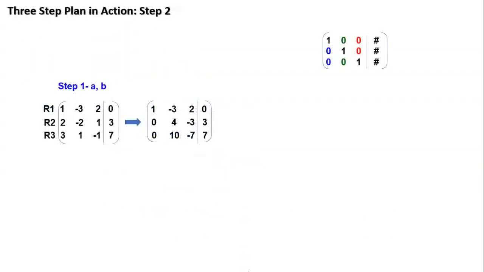So we go to our second step, okay? Remember, our objective is to have this. All right, so my second step is I want to get a -3 here for my row 1, and I want to get a 0 where my 10 is. And we color coded them for the ones in green, right?